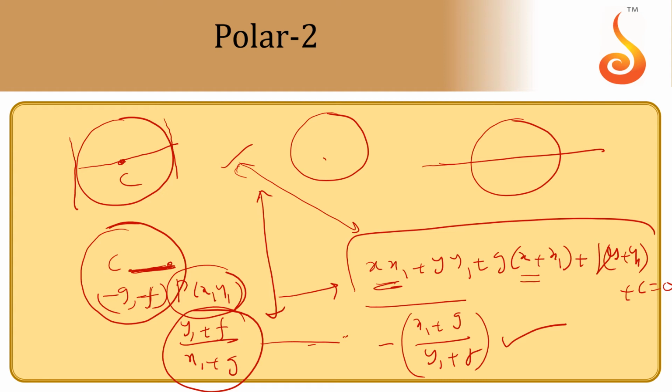So I am repeating, polars of collinear points are concurrent, poles of concurrent lines are collinear, just reverse. So that is about properties of polars and pole.